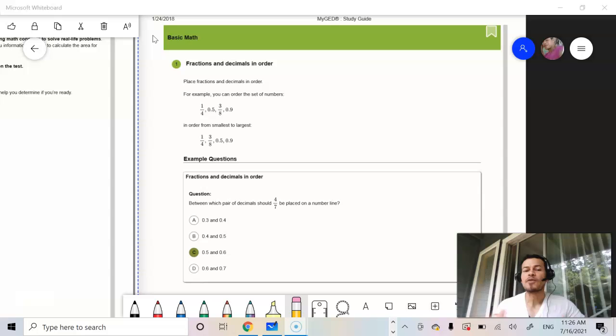Because even if you do it there, it's going to be the same material that you are seeing here. I'm a math teacher and I'm going to proceed to explain these exercises to all of you. I hope it helps, and I will try to be as clear as I can because my goal is to help you out so you can pass your GED test with a good grade, okay?